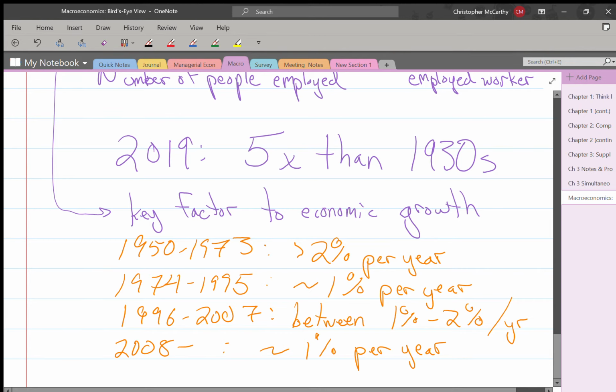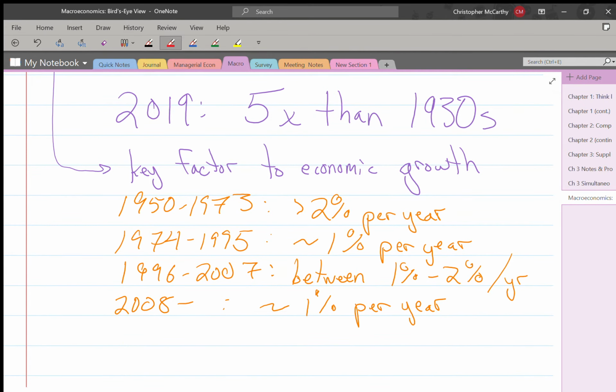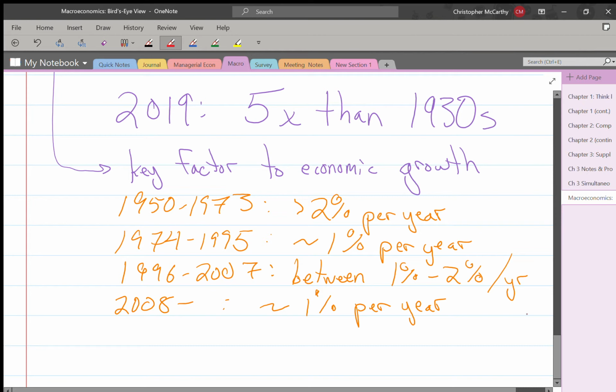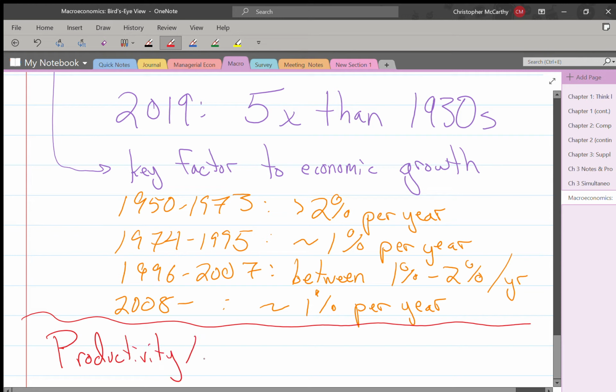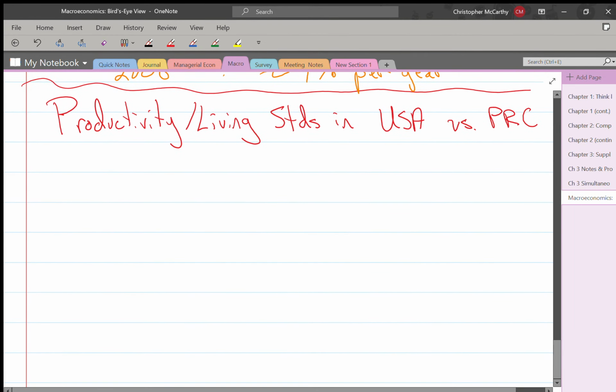Now, it's important to keep in mind when we're looking at these numbers, we can both compare our economy with ourselves. We can also compare our economy with our neighbors and our peers. So if we look at productivity and living standards in the United States as compared to China. China's abbreviation is PRC because it's the People's Republic of China. It's their technical name.